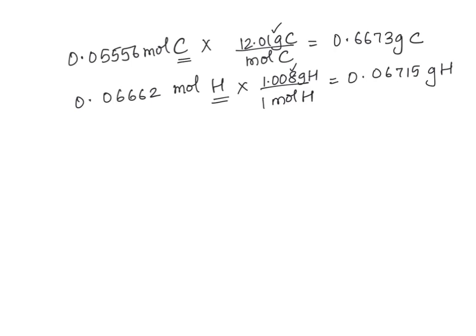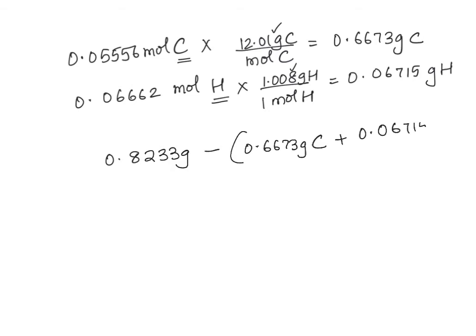Now remember, along with carbon and hydrogen, there is also oxygen in this compound. So how will you do that? You take the entire mass of the compound, which is 0.8233 grams, minus 0.6673 grams of carbon and 0.06715 grams of hydrogen. So out of 0.8233 grams of the compound, some of it is carbon, some of it is hydrogen. What is the rest of it?